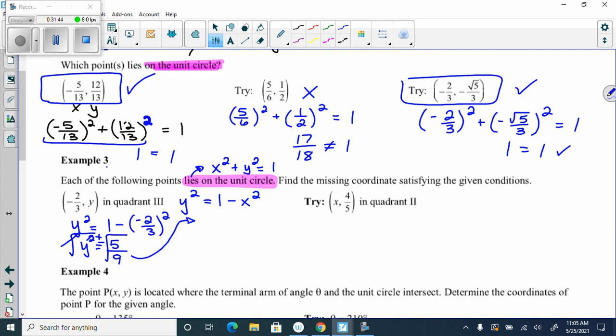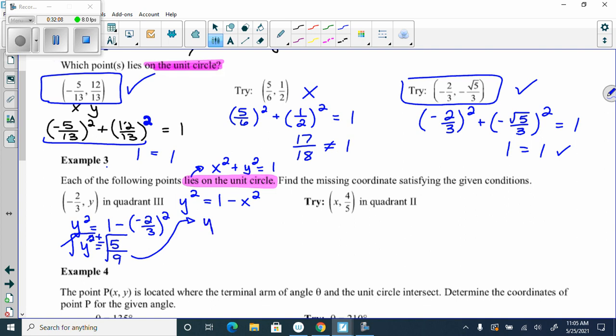So instead of writing this as root 5 over 9, I can write it as root 5 over root 9. And the reason why I would want to do that is root 9 is 3. It gets rid of the radical being in the denominator problem. So when you have a full radical over top of a fraction, if one of these two numbers is a perfect square, which 9 is, you can split the fraction up into separate radicals.